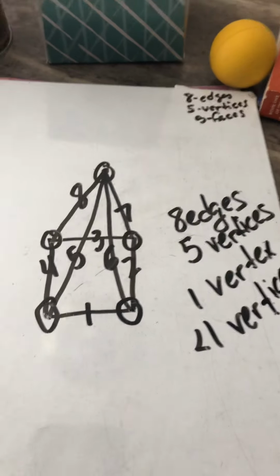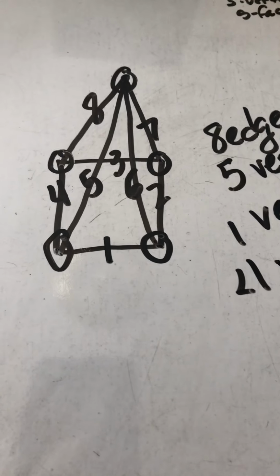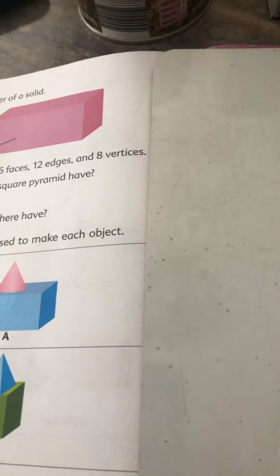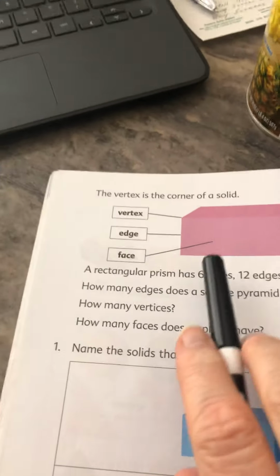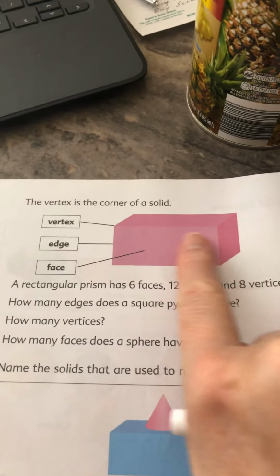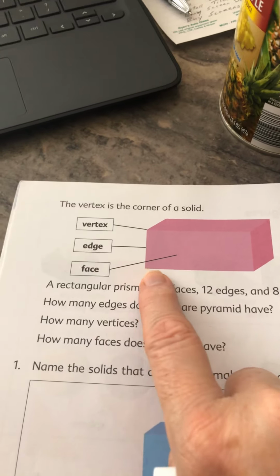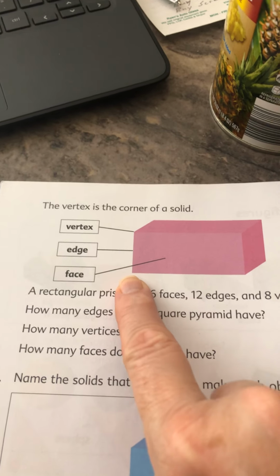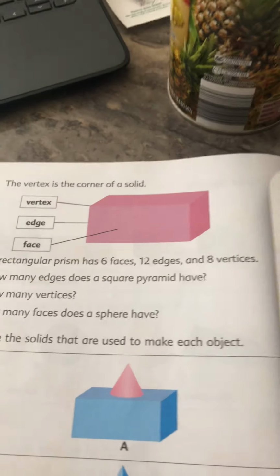Okay? So remember, again, and I don't want to put a marker in my book, so I'm going to close this. You have faces, which are the flat sides. You have edges, which are the lines, and you have vertices or vertex, which are the points.